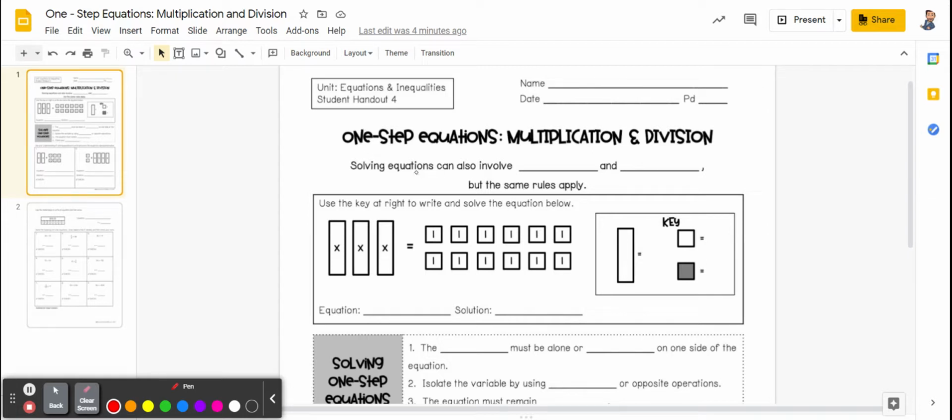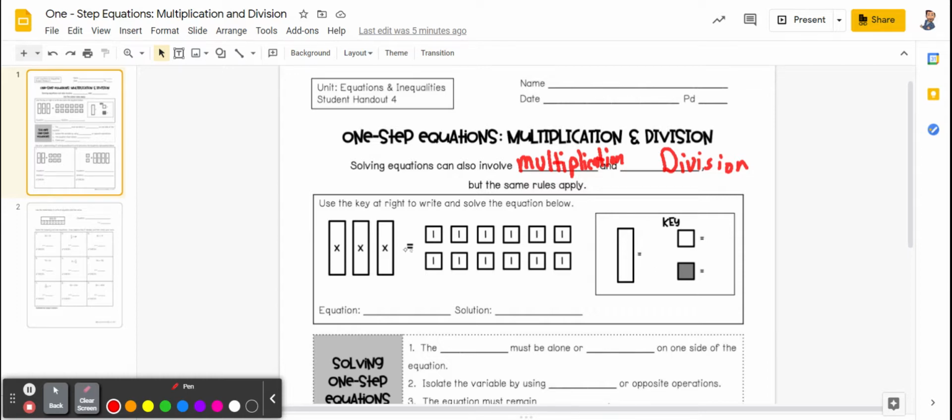I'm going to go ahead and talk about this first one. It says one-step equations can also involve multiplication and division. So we can also do the same thing with those two operations. Here it says use the kit to write and solve the equations below.